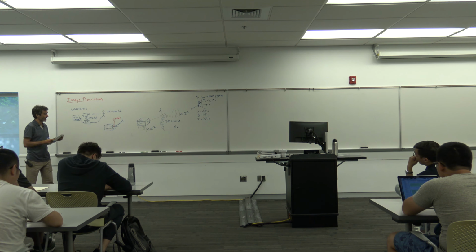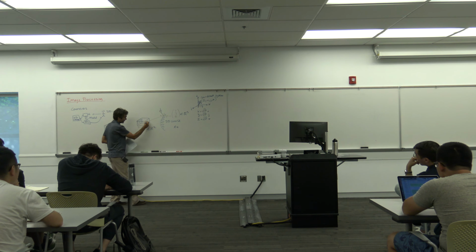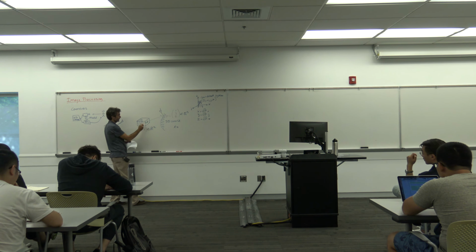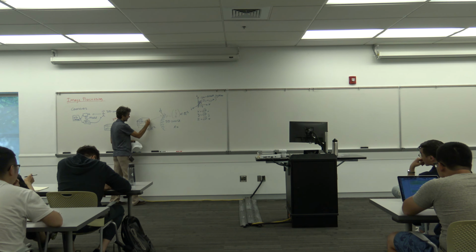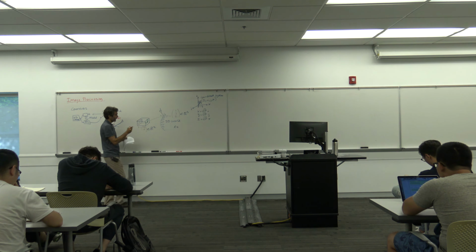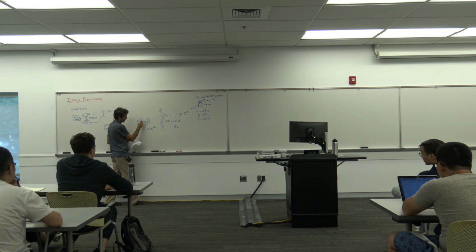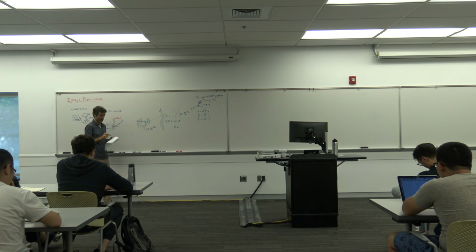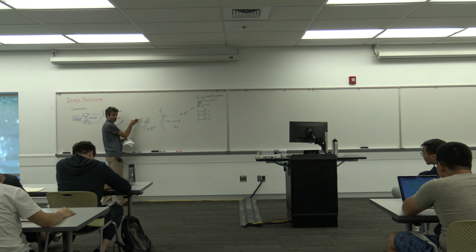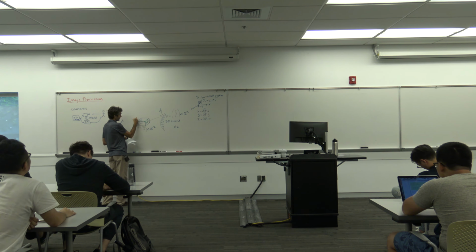I'm going to have my origin right here, and now I'm going to have my I basis vector pointing this direction, my J pointing up, and my K pointing inwards toward the image plane. Remember, this is the film, or the translucent plate, which we're going to call the image plane.